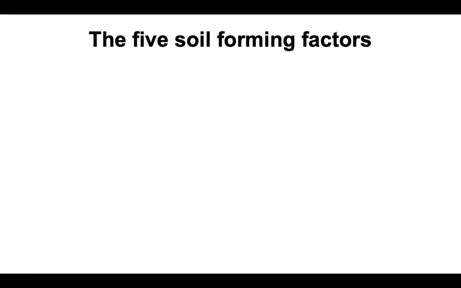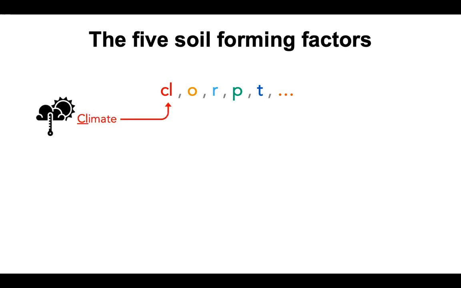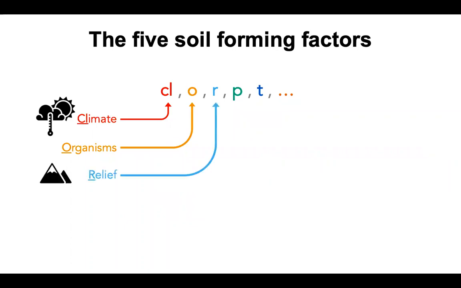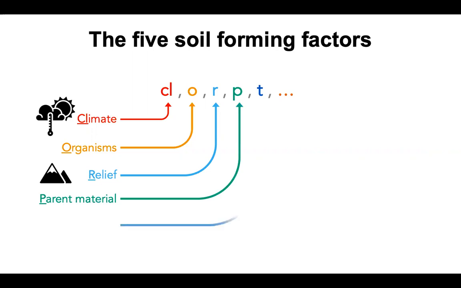So we have the 5 soil forming factors, which we have our wonderful acronym CLORPT to remember. Just as a reminder, the CL stands for climate, the O stands for organisms, R stands for relief, or another word for topography, the slopes, etc. P stands for parent material, and T stands for time.